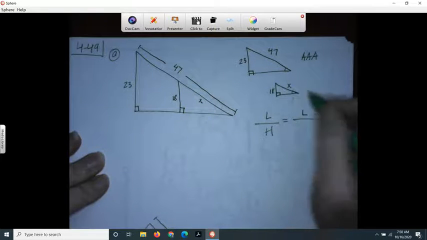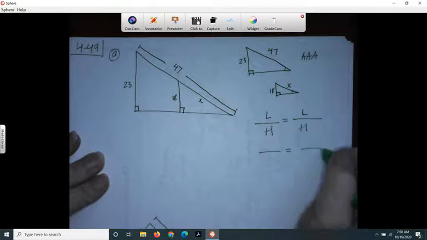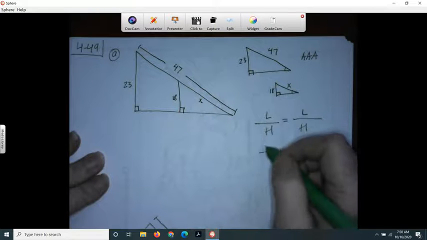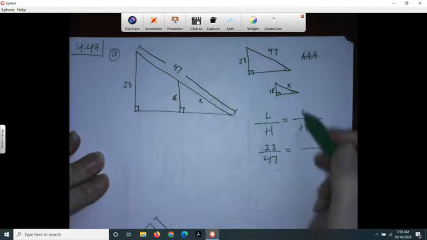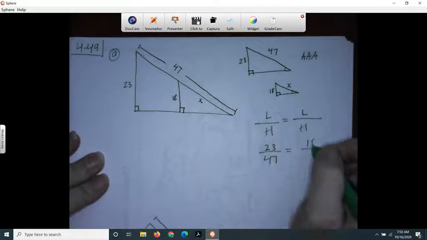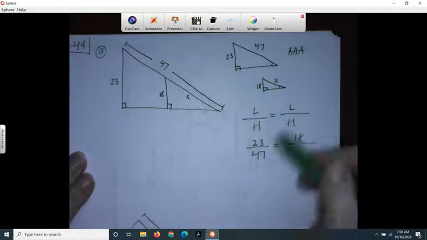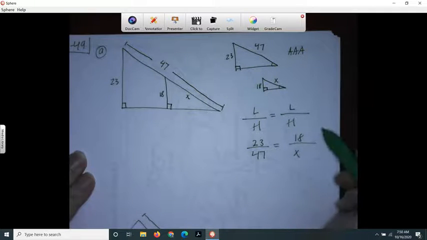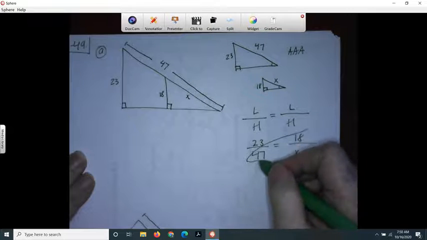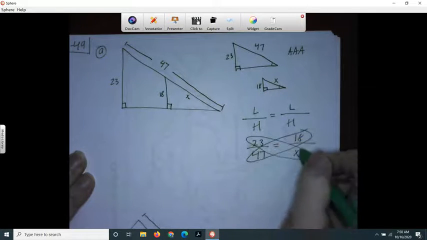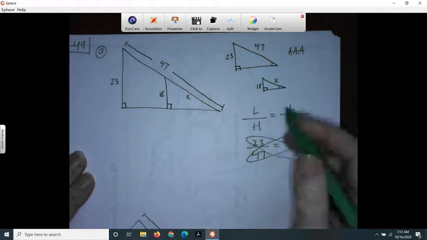So I can fill the numbers in now, because I know the leg of the big triangle is 23, and the hypotenuse is 47, and in the little triangle, the leg is 18, and the hypotenuse is x. So then I can just solve for x. I like to use cross products when I have fractions like this. So 47 times 18 is equal to x times 23, or in other words, 23x equals 47 times 18.